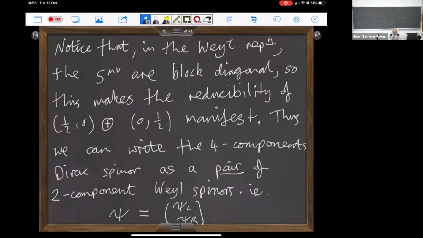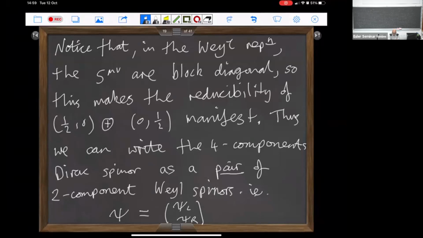Now, as we mentioned before, in the Weyl representation, the S mu nu are block diagonal, so that the reducibility of the Dirac representation is manifest. So we can write the four components of a Dirac spinor as a pair of two-component so-called Weyl spinors.